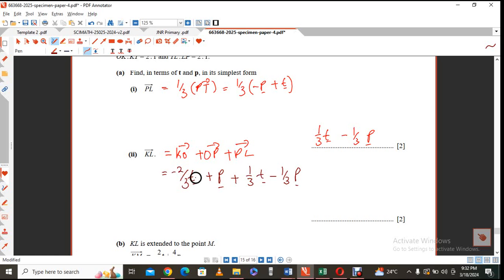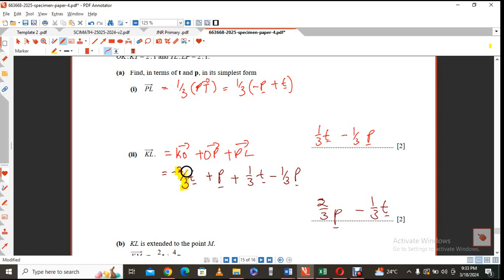So first of all, when you look at your values of P, this is 1, take away a third, that is 2/3 of P. That takes care of the P, and then this 1 over 3 T, or 1 over 3 minus 2 over 3, so we are now at 1 minus 2, well, that gives you negative 1 over 3 T. Again, just use a calculator. Treat these things like coefficients, and then you add them and so on.